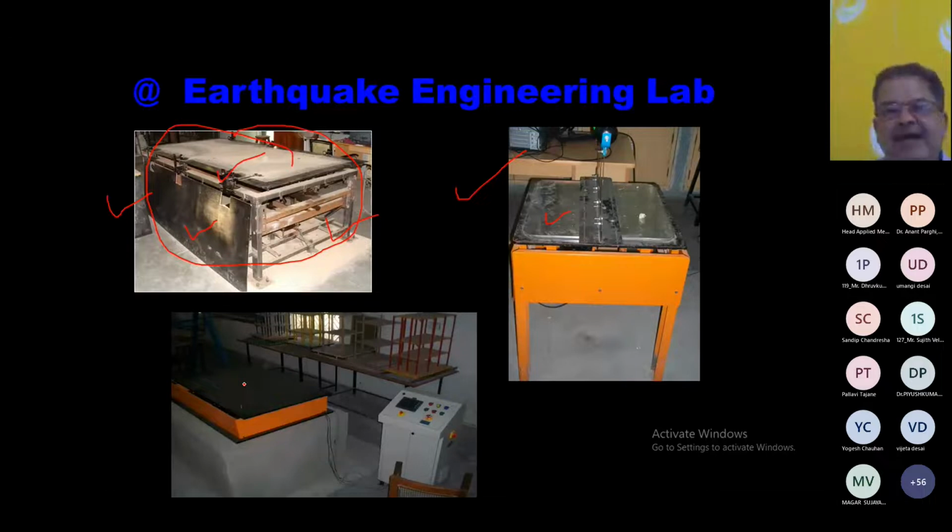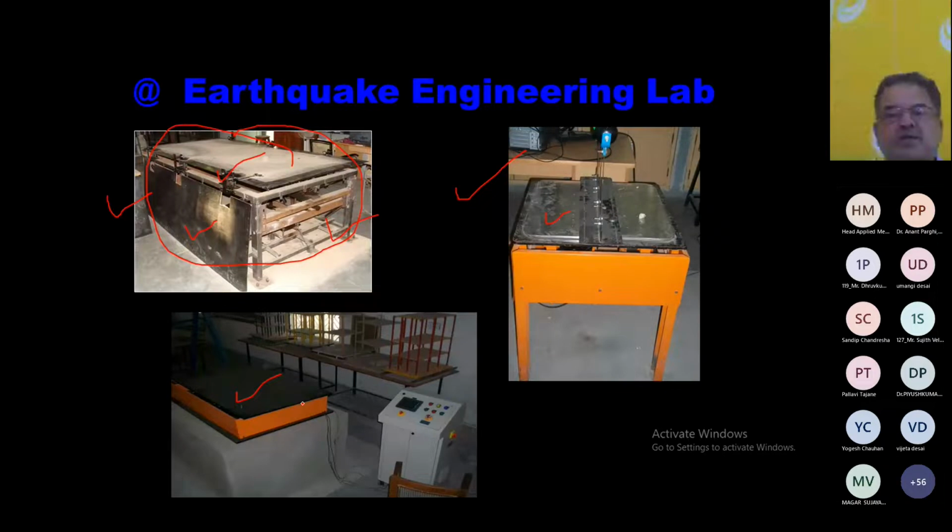Now, while developing this shake table, we kept in mind that the earlier shake tables had certain limitations. These two shake tables can apply only harmonic motion. Therefore, in this shake table, we tried that we can apply random motion, right?